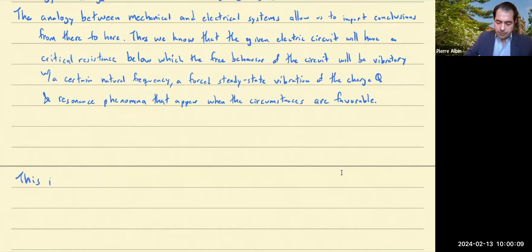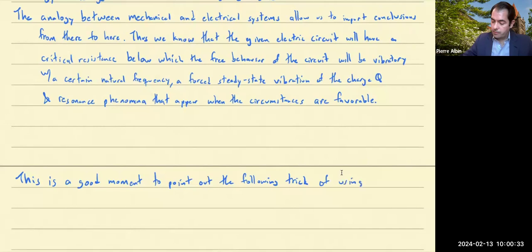So this is a good moment to point out the following trick, very common in electrical engineering, of using complex numbers to handle equations like, let's write down the one for the current.